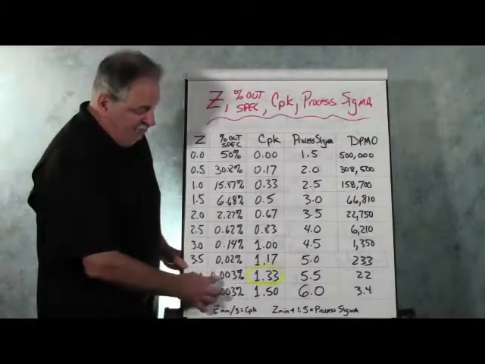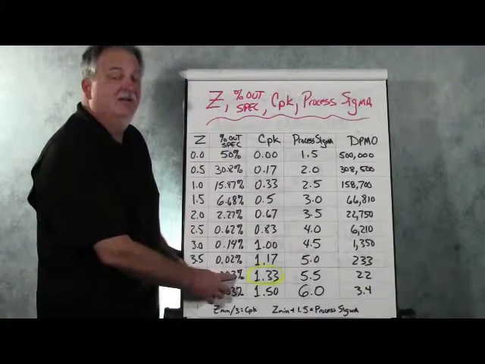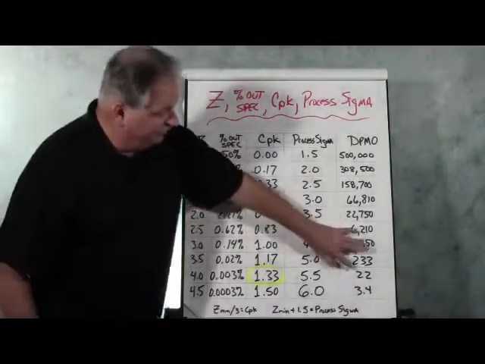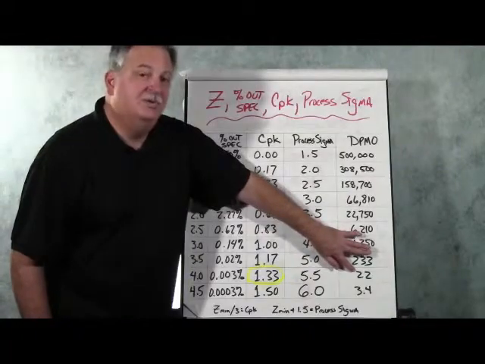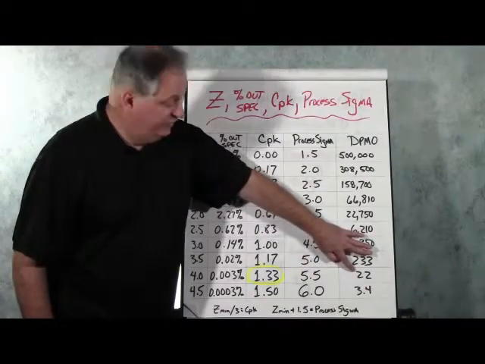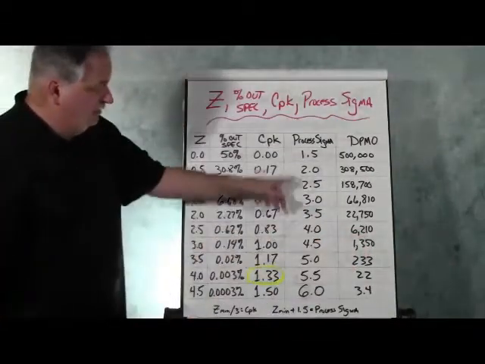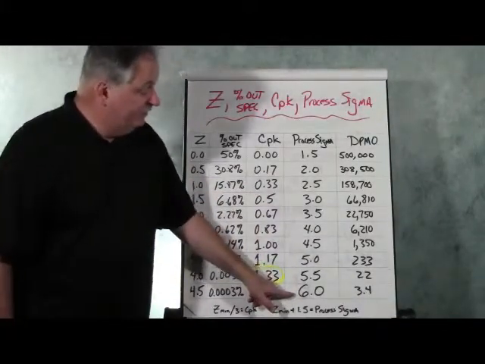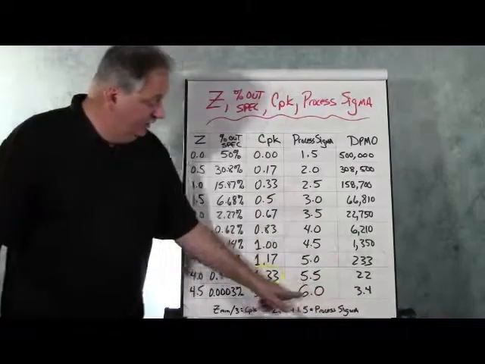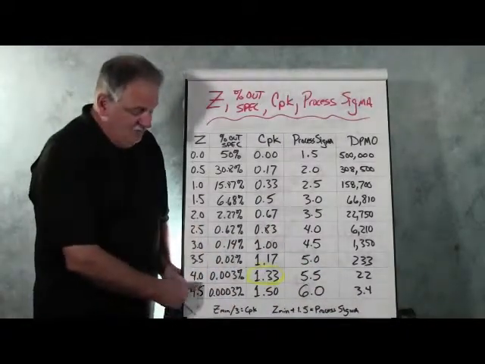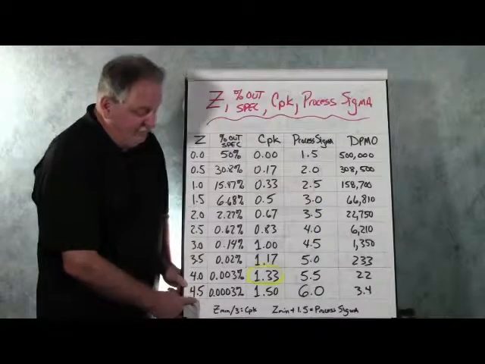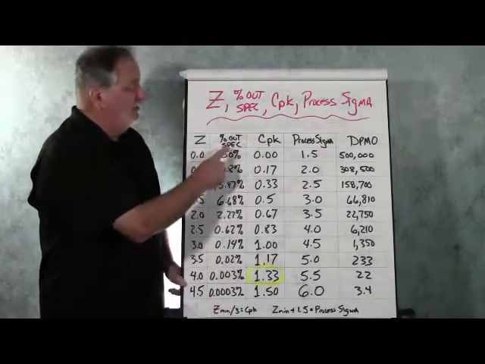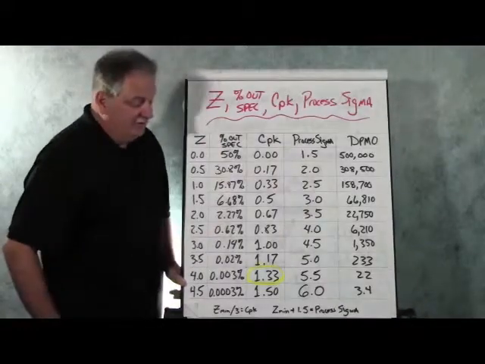So less than 0.003% of what we produce is going to be out of specification, or we're going to have a whopping 22 defects per million opportunities. Now, in Six Sigma, the definition of a process sigma level of 6 is 3.4 defects per million, and that translates into a z-statistic of 4.5, or 0.0003% of the distribution is going to be outside of the specification.